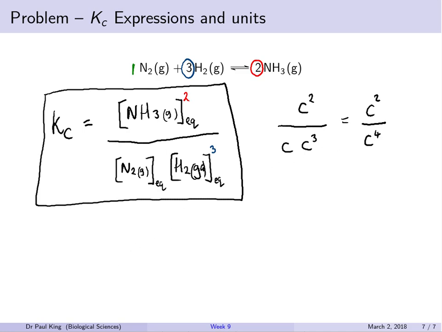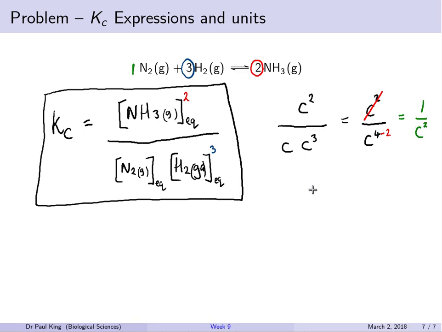Now what we can do is we can cancel off some of these concentrations. We can cancel off concentration squared on the top, which means that the concentrations on the bottom becomes 4 minus 2, leaving us with 1 over concentration squared.